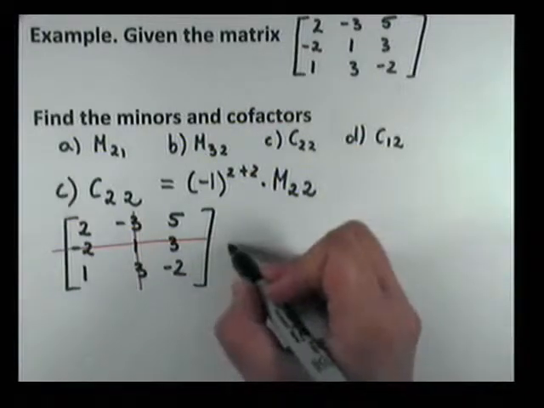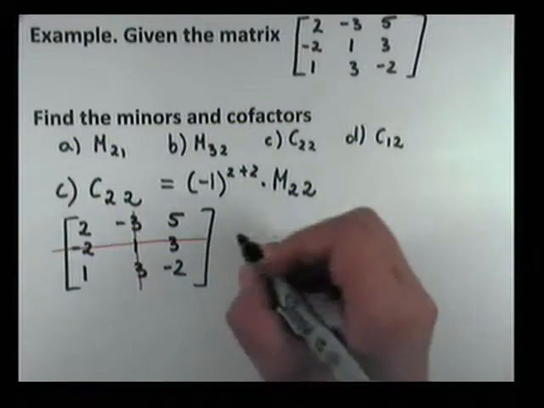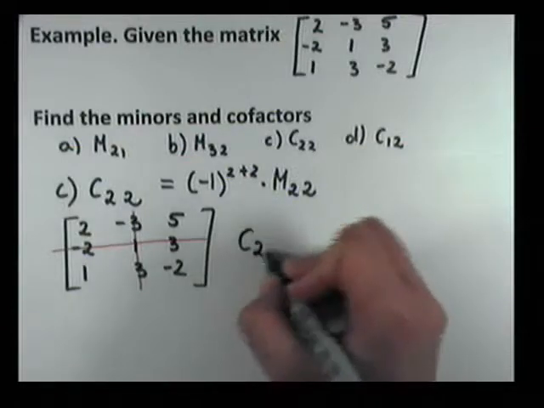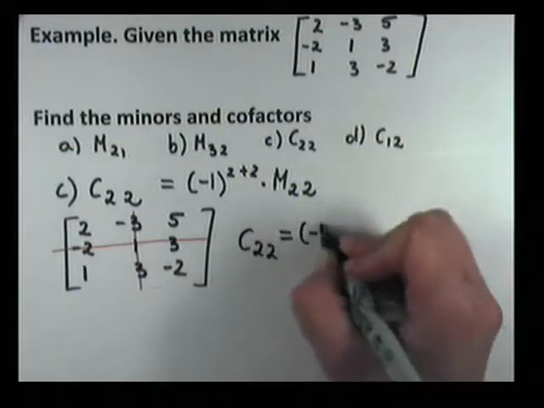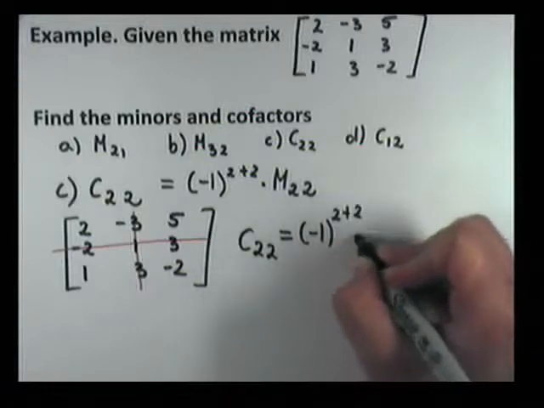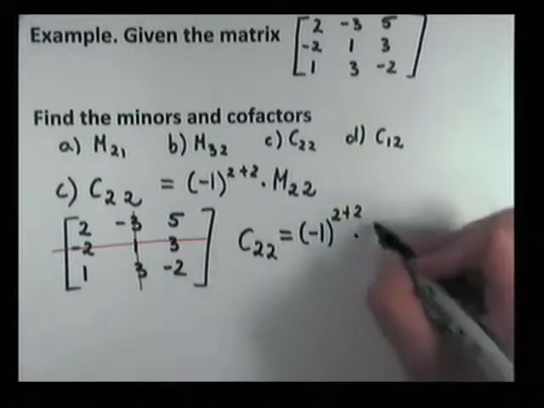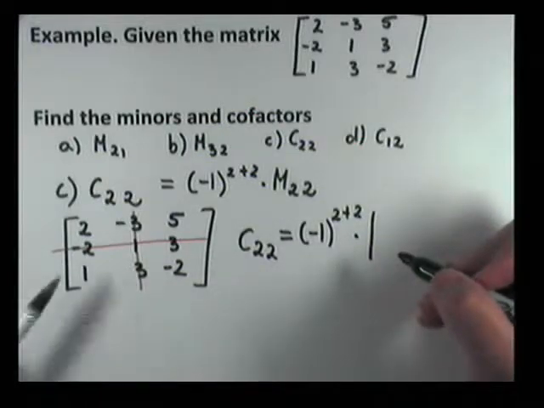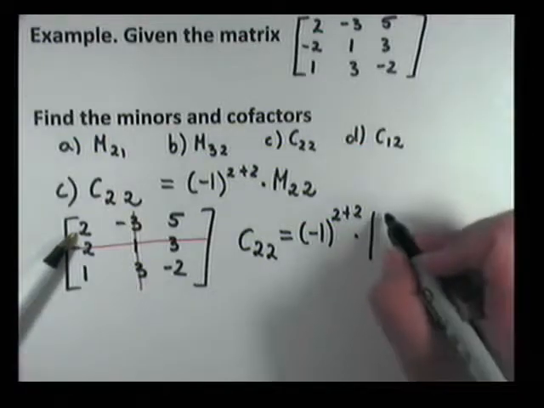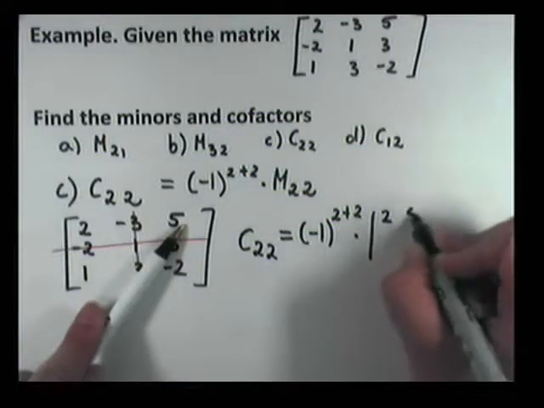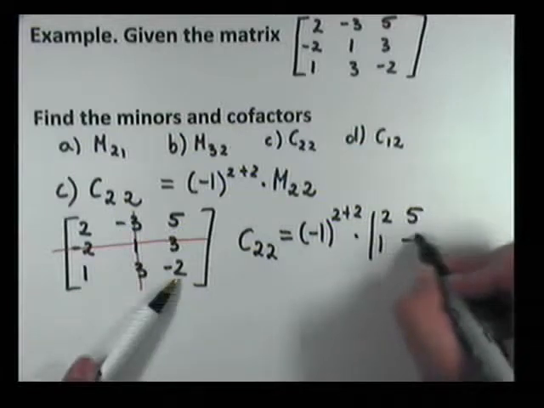So what's left? Cofactor 2,2 is equal to minus 1 to the power 2 plus 2 times this minor: if we delete the second row, second column, we have left 2, 5, 1, and minus 2.